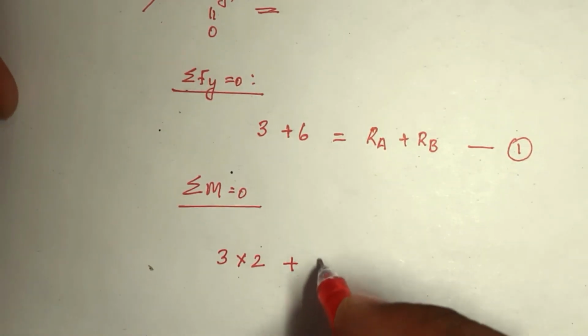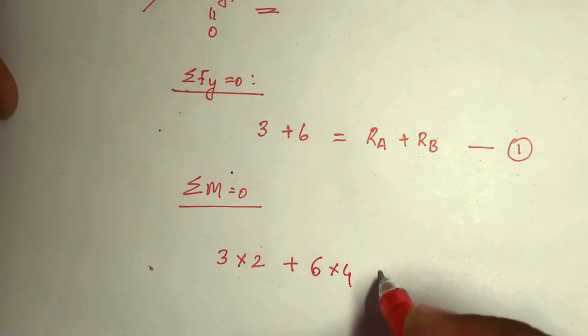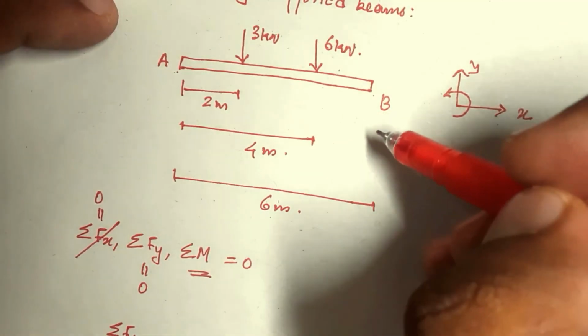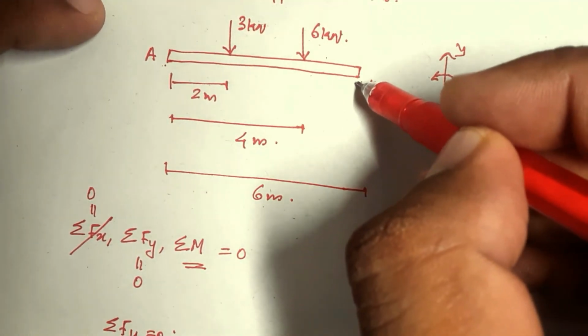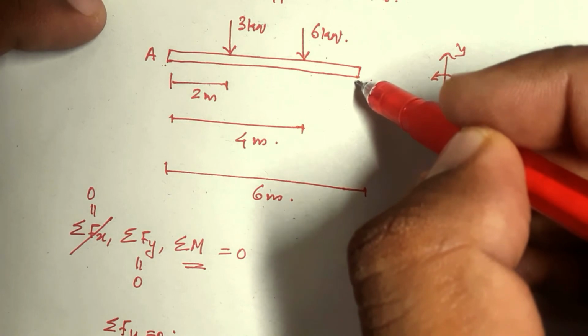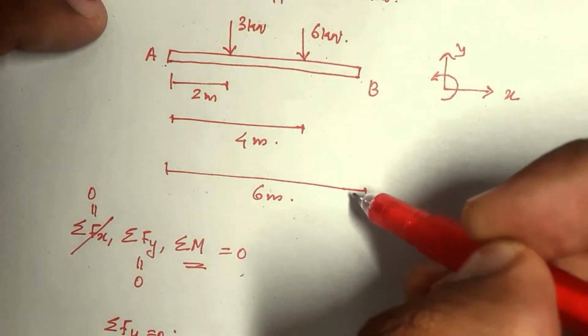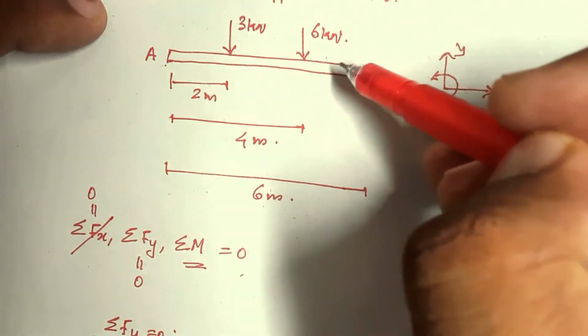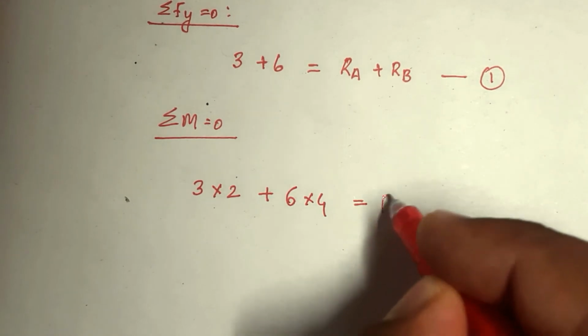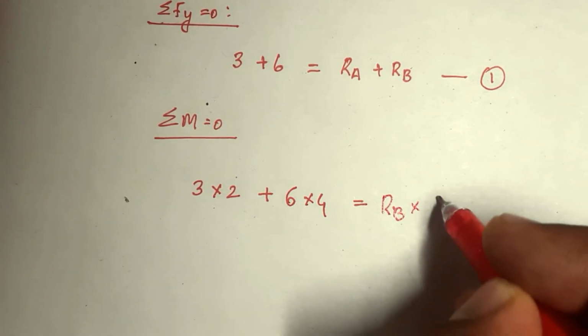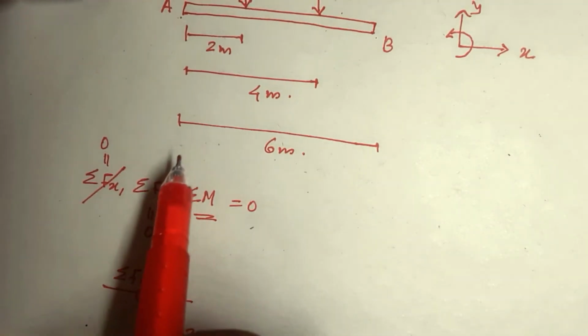So 6 into 4 should be equal to the moment created by the force at B. This into this distance. So this plus this should be equal to this, that means RB into 6.